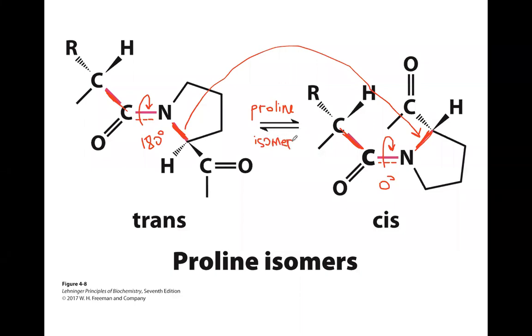So the enzyme will come in and flip the proline around its omega, the peptide angle, from 180 to 0 degrees. So in order for it to form the turn, it has to be cis? Yeah. So this is trans. And this is cis.